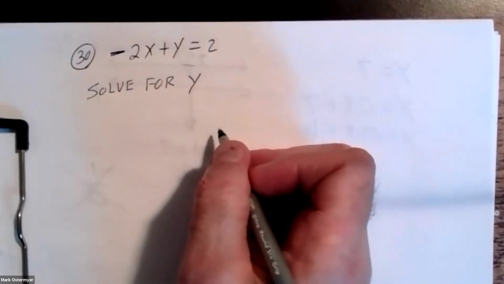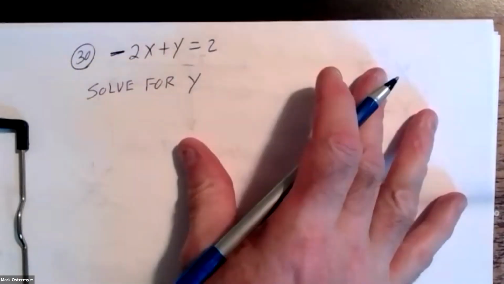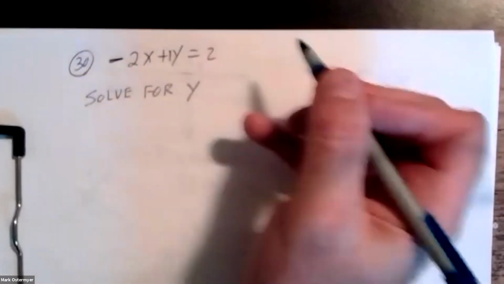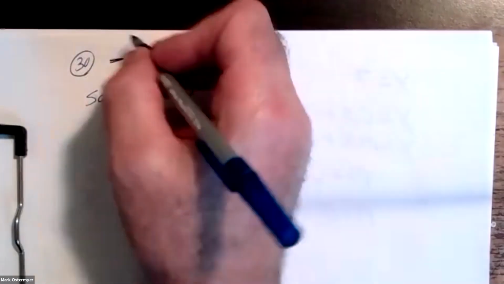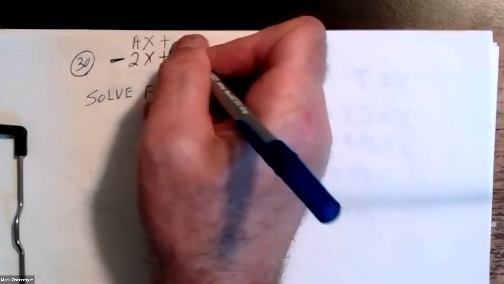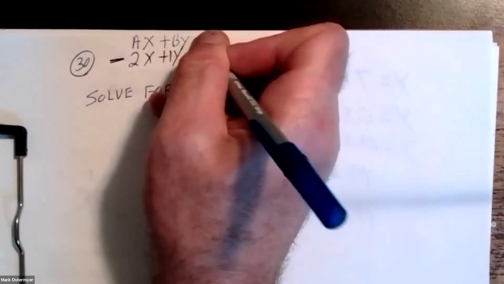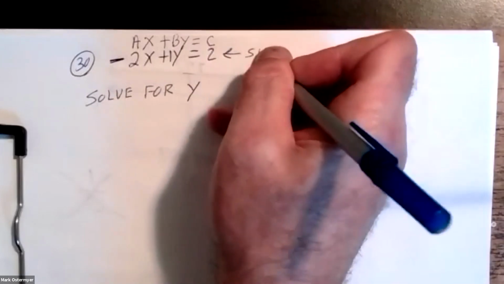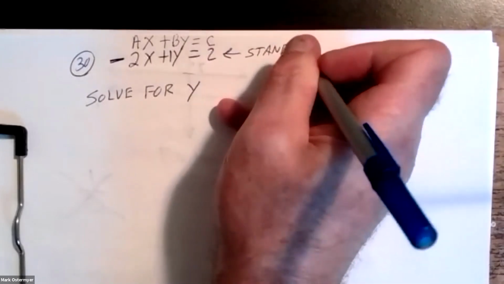Got to solve for y to put this in the slope-intercept form. You see, this linear equation is not in slope-intercept form. It happens to be in another form called standard form, Ax plus By is equal to C form. This, ladies and gentlemen, is called standard form for a linear equation.